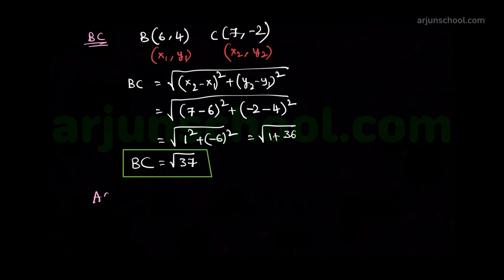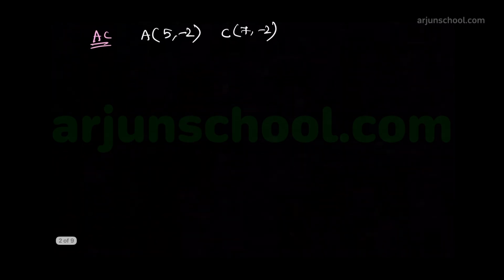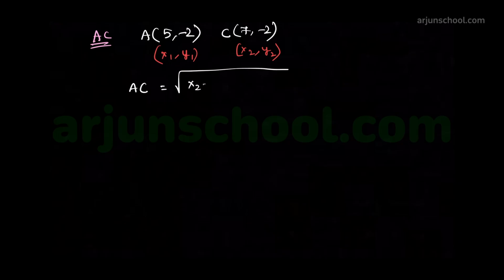Now find the length of the side AC. Distance between the vertices A and C. A(5, -2) and C(7, -2). (5, -2) is (x1, y1). (7, -2) is (x2, y2). Distance between these two points, AC, is equal to root over (x2 - x1) whole square plus (y2 - y1) whole square.